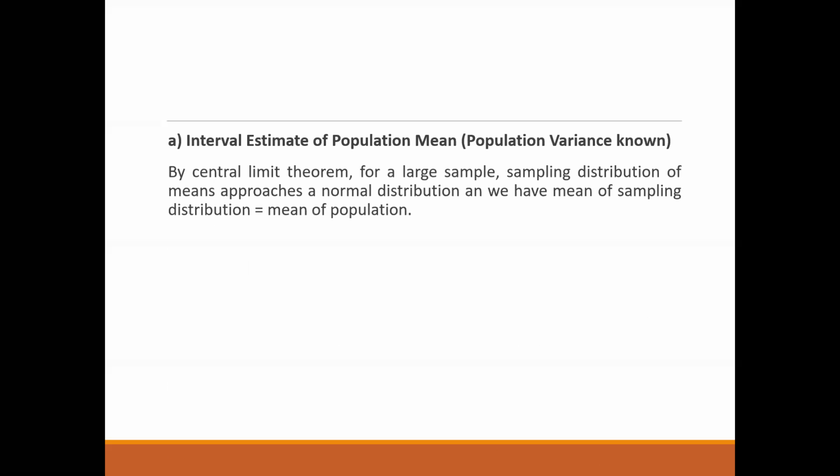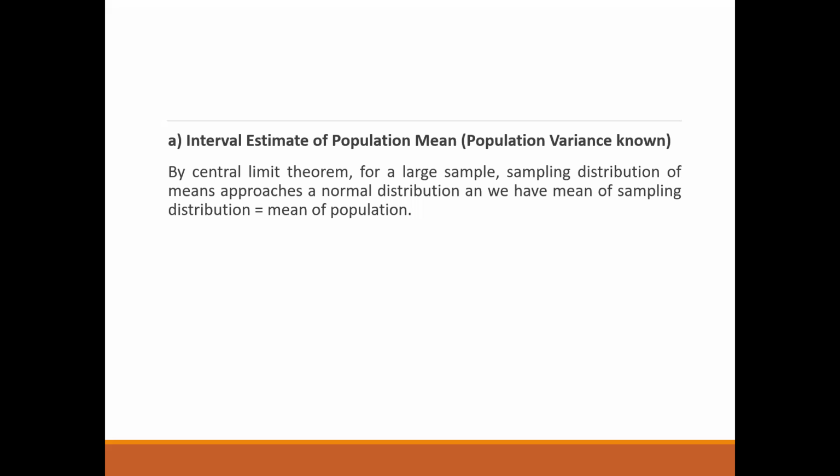Now, using the central limit theorem, which we have already seen, for a large sample, the sampling distribution of mean approaches a normal distribution. As I told you, if it is more than 30, we have the mean of the sampling distribution equal to the mean of the population. Very important.